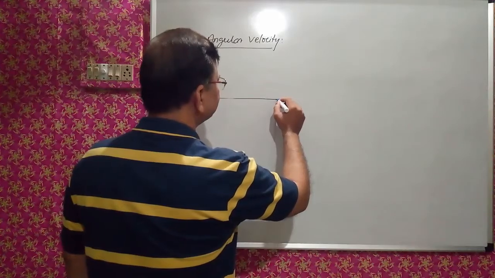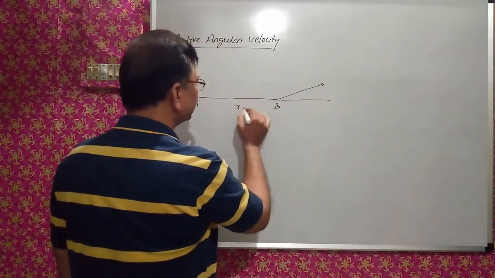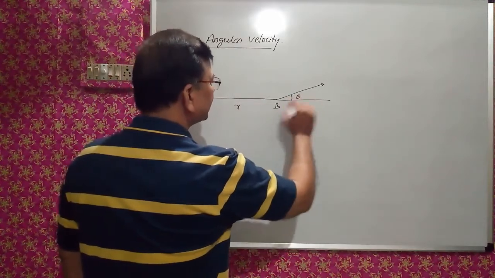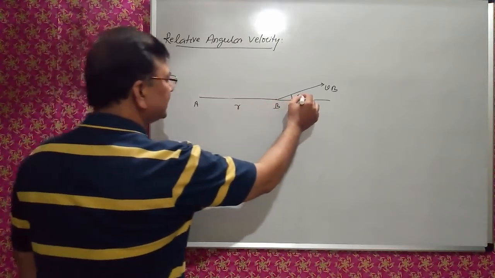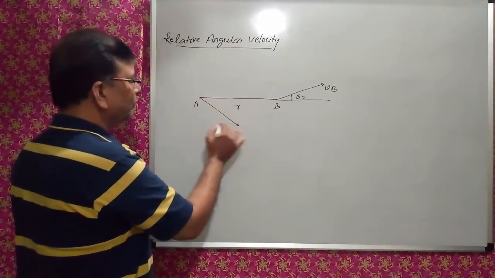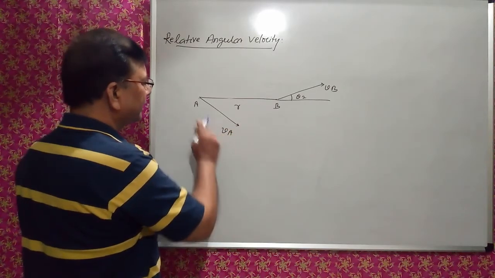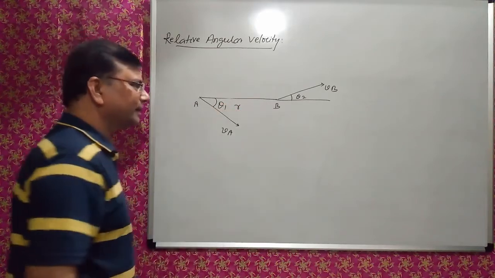And this is the velocity, this is R, this is theta, this is VB, and it is theta 2 suppose. And suppose A is moving in this direction, making an angle theta 1, with velocity VA.